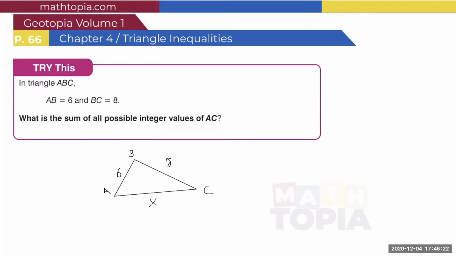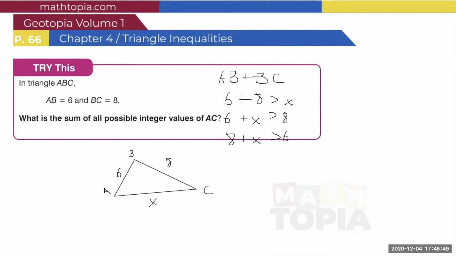First, we can pick AB and BC. So add up AB and BC, 6 and 8, and that has to be greater than X. But we can also start with 6 and X. If we add them up, that has to be greater than 8. And the final one, we add up 8 and X, and that has to be greater than 6.